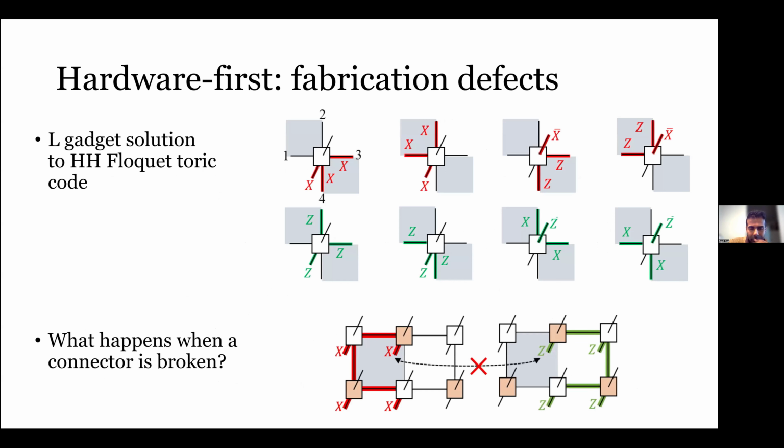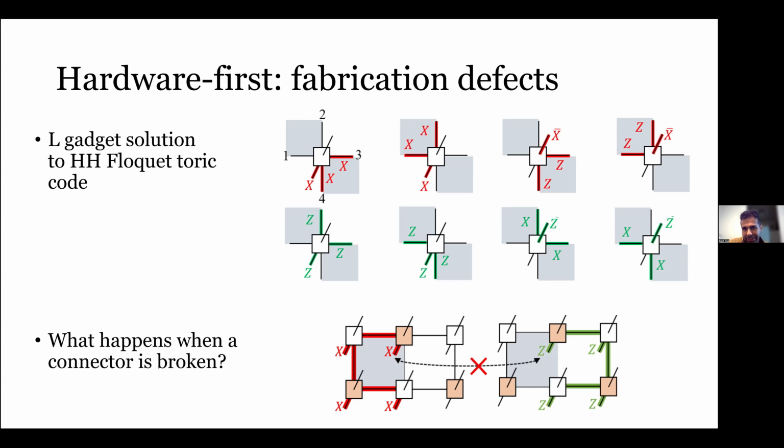Okay, so that was about fault tolerance. Another property of our construction that I want to highlight is that it's a hardware first approach, in the sense that we could be given a layout of qubits in a real hardware, and some qubits might be lost, some connectors might be lost, and we can try to construct a gadget decomposition.